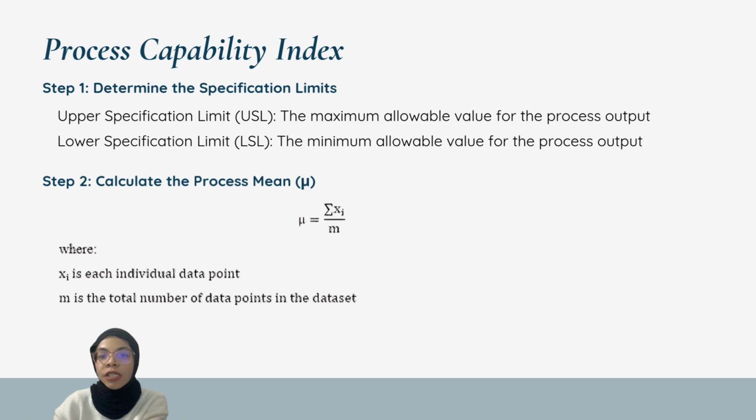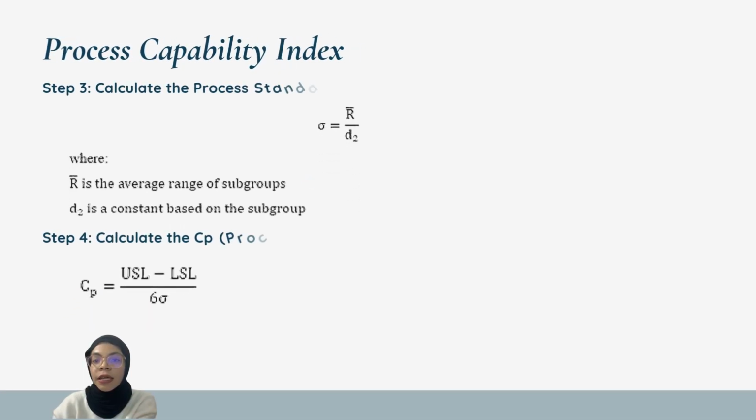Nu equals summation of xi over m, where xi is each individual data point and m is the total number of data points. Step 3, calculate the process standard deviation. Sigma equals R bar over d2, where R bar is the average range of subgroups and d2 is a constant based on the subgroup size.